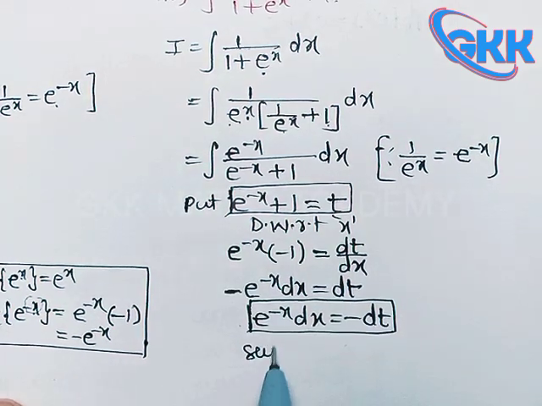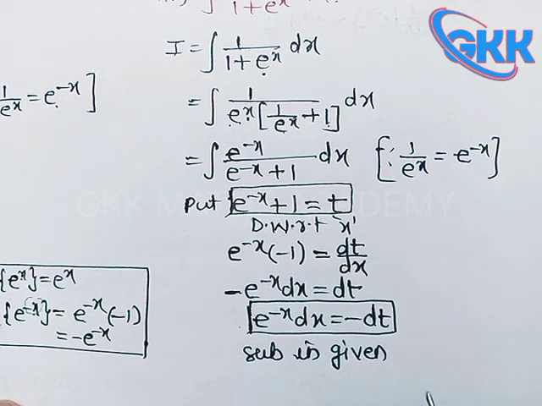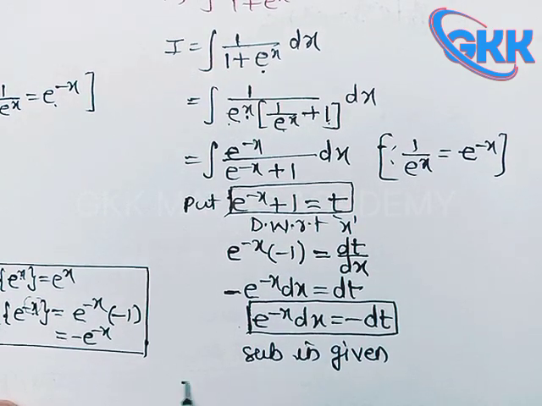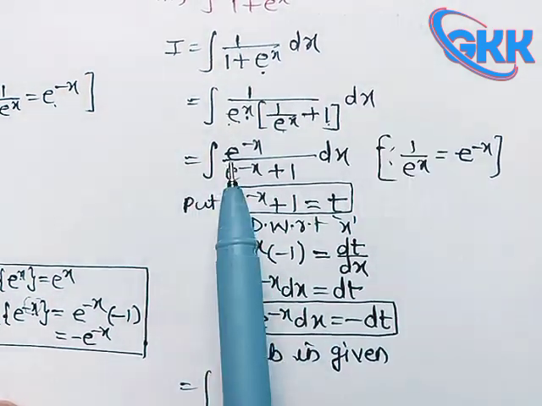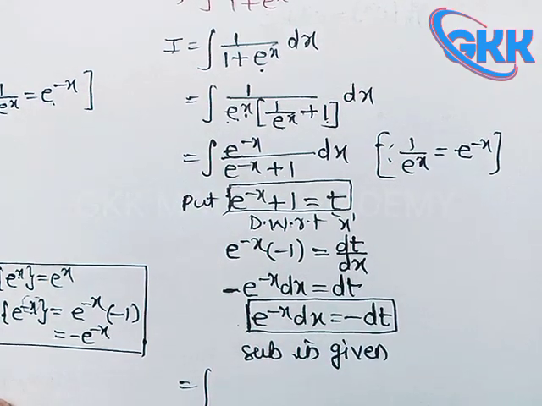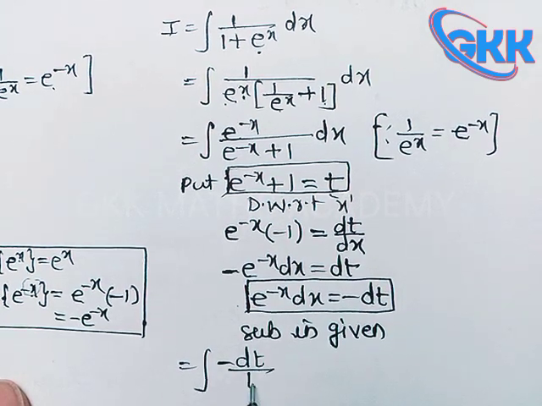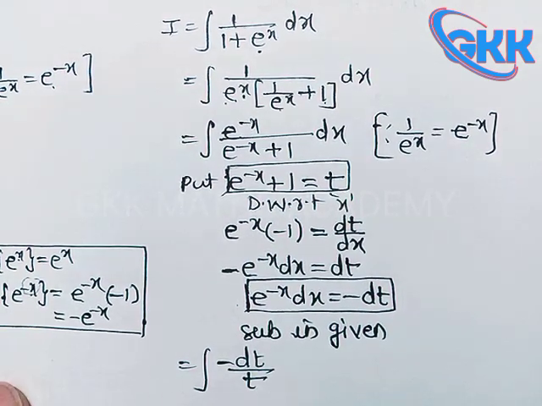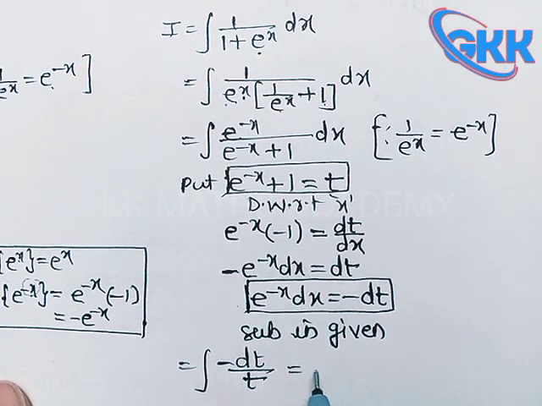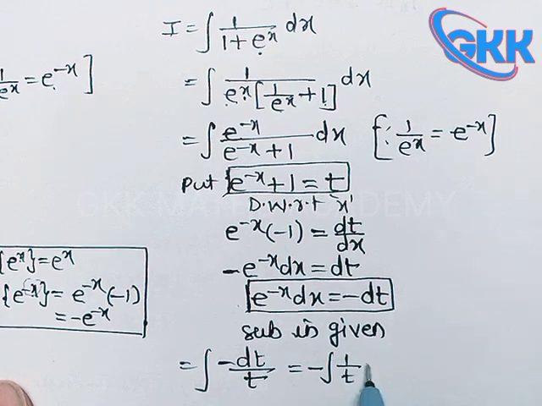Substitute in given. Now what will you get here? Integral of, so e power minus x dx is minus dt, upon t. Minus dt upon t. So it can be written as minus outside, 1 upon t dt.